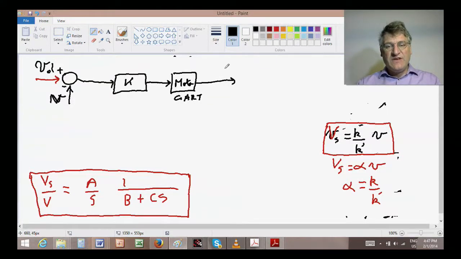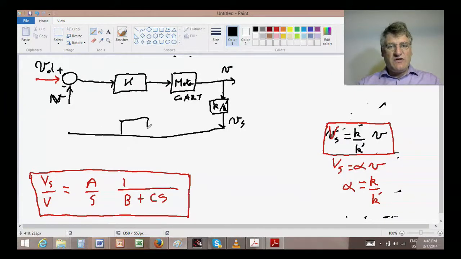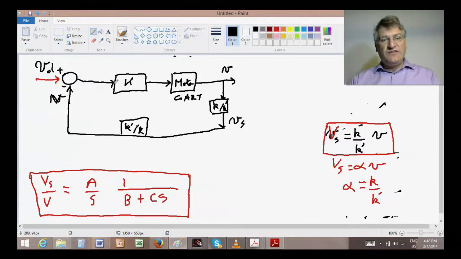so that its speed V, which is also the corresponding voltage Vs, okay, K over K prime, and it gives us Vs, can be used, assuming a proper transformation from Vs back to V, which would be K over K prime over K, to invert this operation, can lead us to the system following the desired speed.